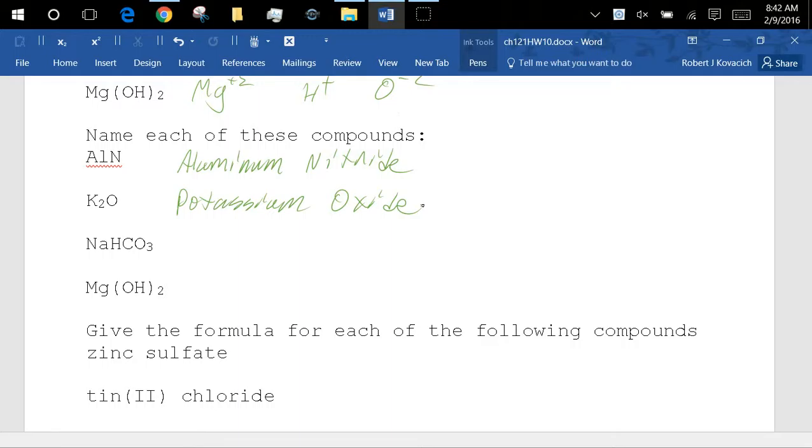Next one. Ionic compound, right? Metal and a polyatomic ion. So what do we got here? Sodium. Hydrogen carbonate.